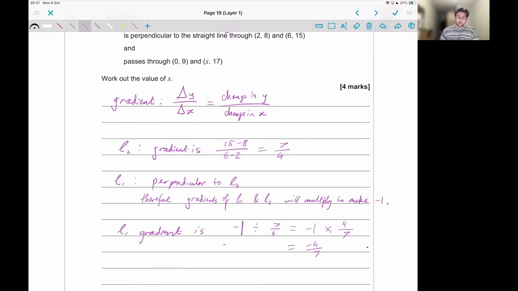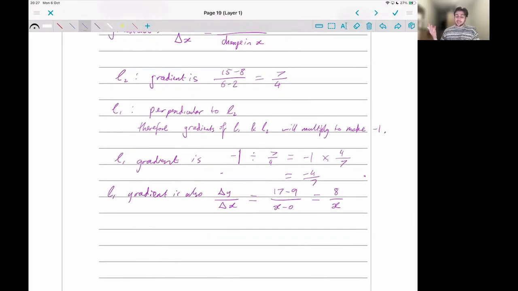So we can also say L1 gradient is also the change in y divided by the change in x, which in this case would be 17 minus 9 divided by x minus 0, or in other words, 8 over x.